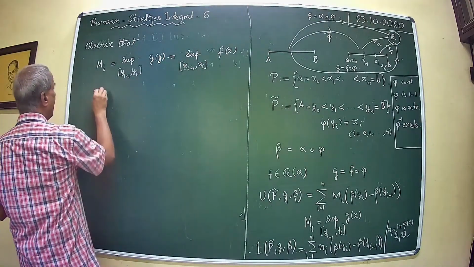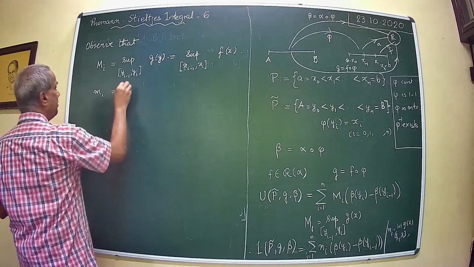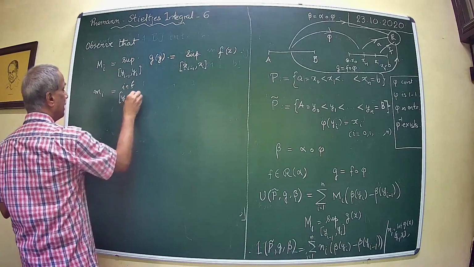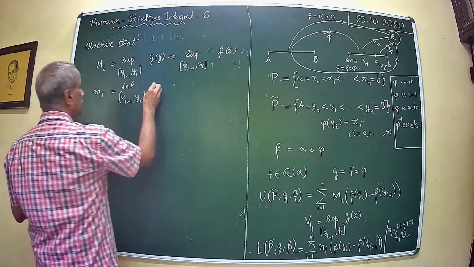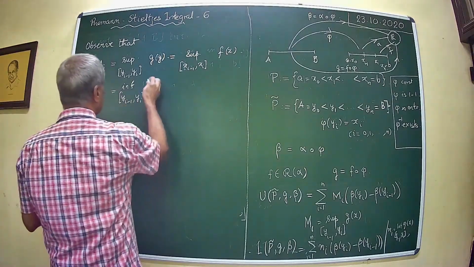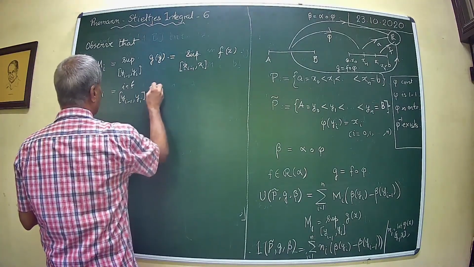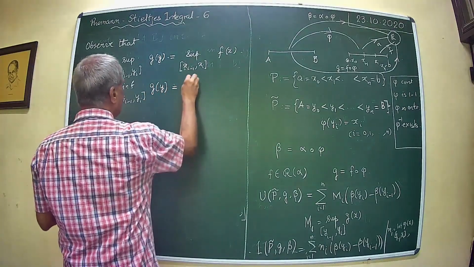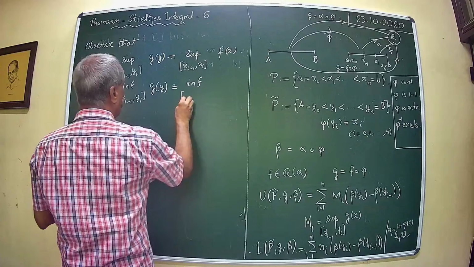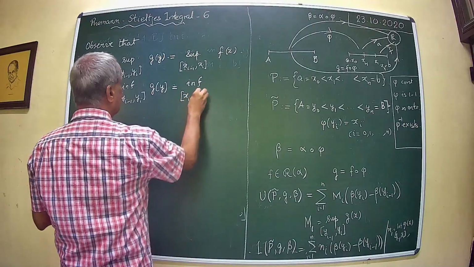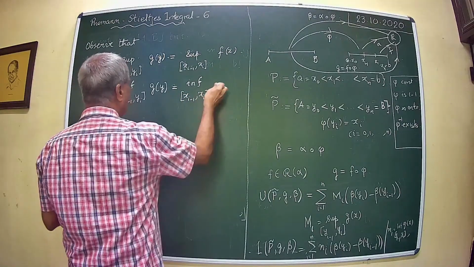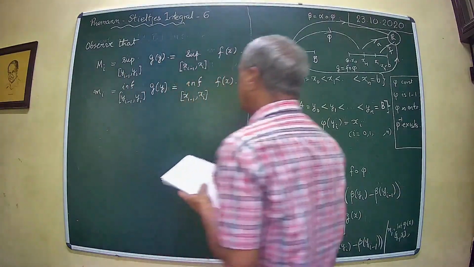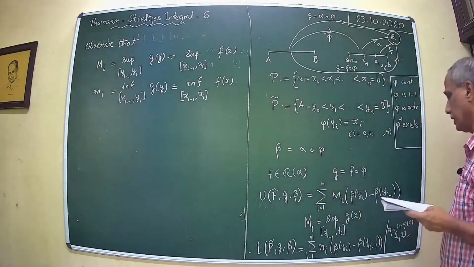Similarly, small mi, the infimum over yi minus 1 to yi of G y, is equal to the infimum on the interval xi minus 1 to xi of f x. Now these are two facts that are very crucial to our computation.